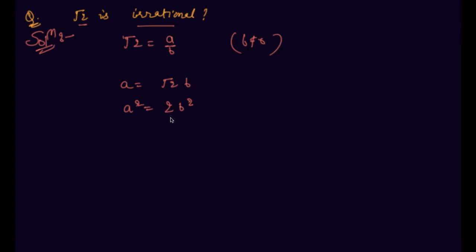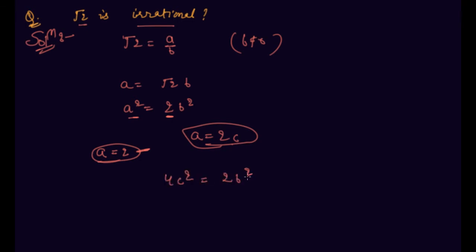Now from here we can see that a squared is divisible by 2, and from the earlier theorem which I stated, that let P be a prime number, it states that a should always be divisible by 2. So I can write a is equal to 2c, some other constant. Okay, if I replace this number as 2c, this is 4c squared equals 2b squared.